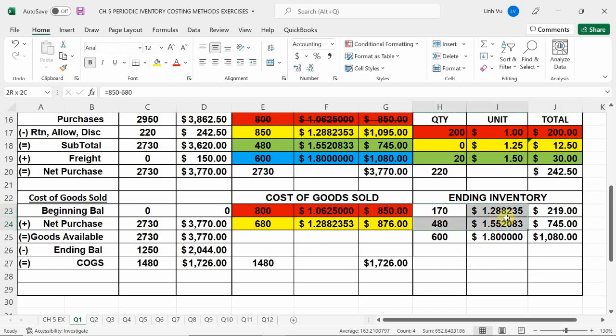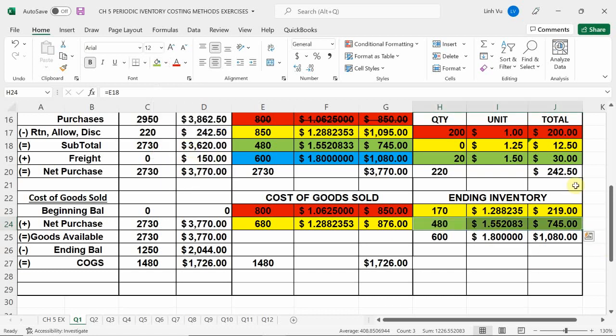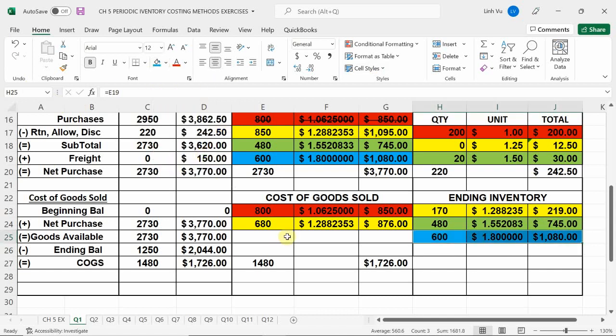And I'm going to make sure that I color code them, right? This is my yellow batch, and this is my green batch, okay? And the most important thing about creating this table for your ending balances is that these are the exact numbers you're going to be copying over into your next inventory worksheet.